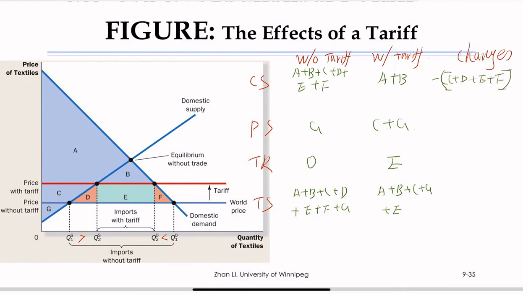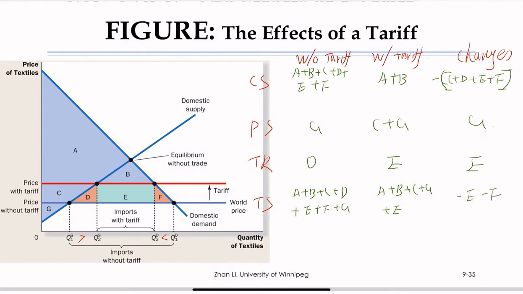What about producer surplus? It will increase by G. And tax revenue will increase by E. Now what's the total change? The total surplus will decrease by D and F.